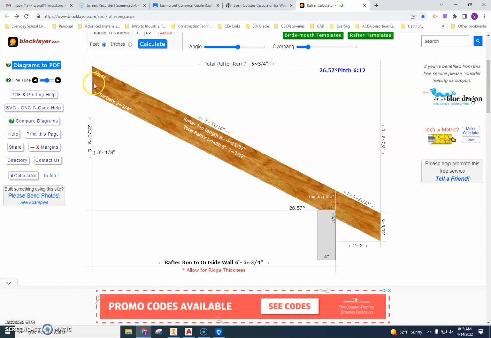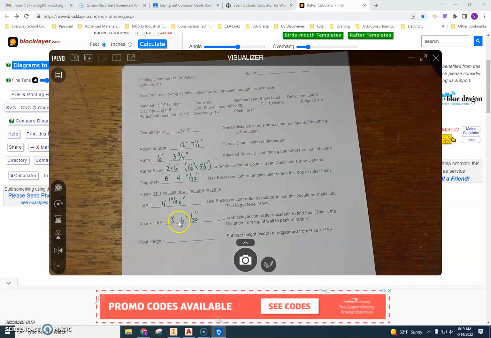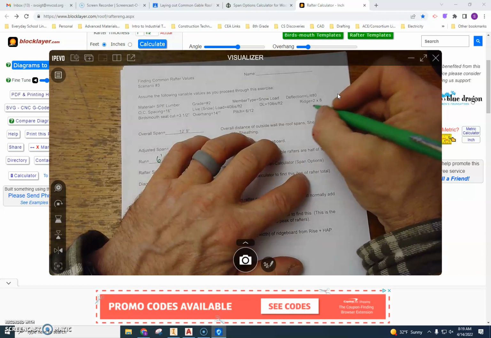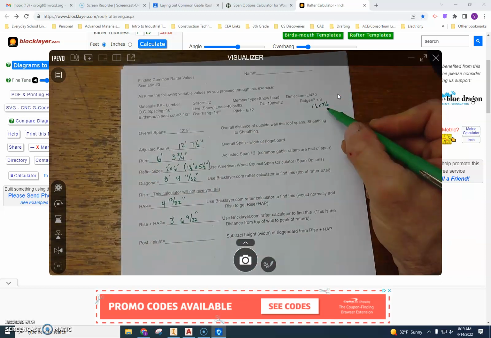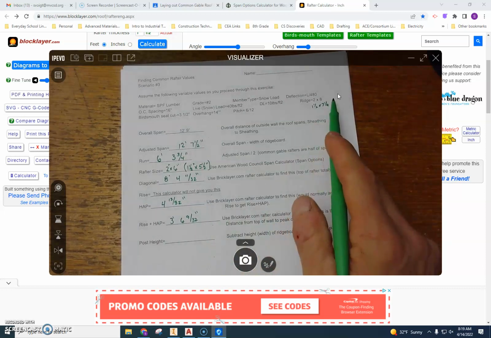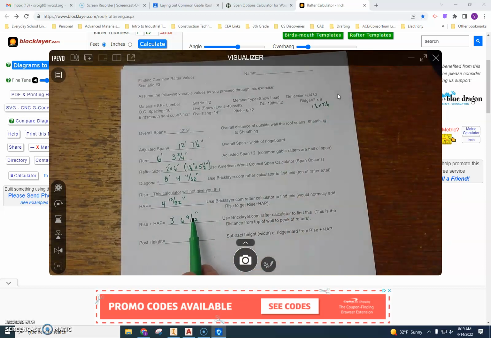I just subtract out the height of that 2x8, and that's how high I will make my post. So when I go back here, I just subtract out the height of this ridge board, which is a 2x8, actually 1.5 by 7.25. So I have to subtract my 7.25 inches from this number.